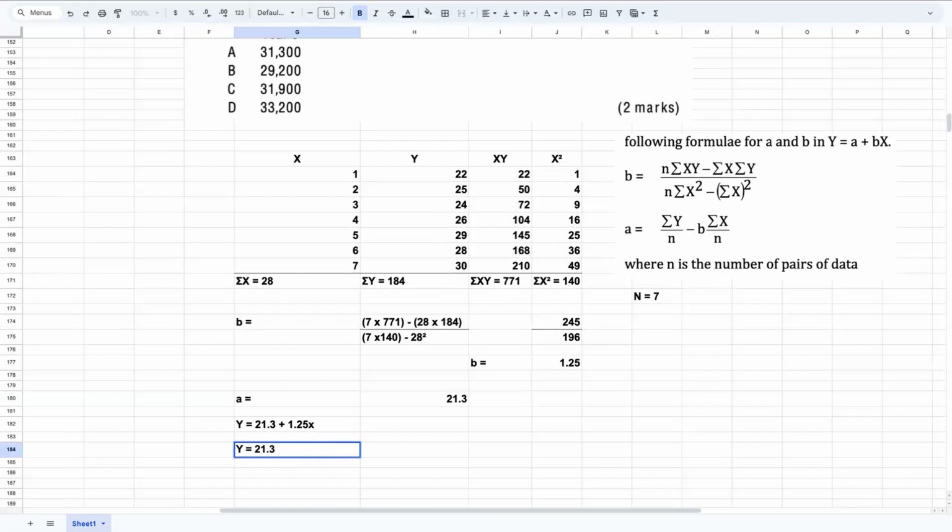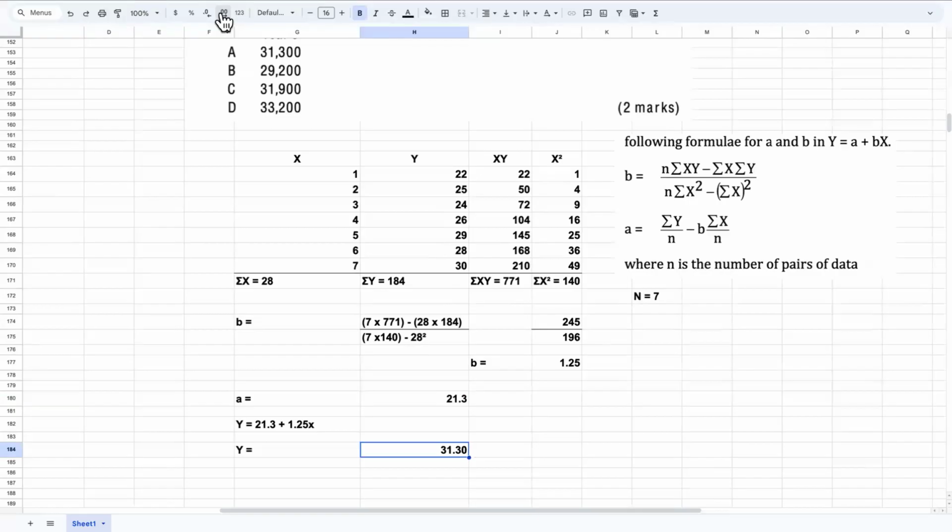So 21.3 plus 1.25 into the x value they are asking, which is the 8th year. Right? 31.3.